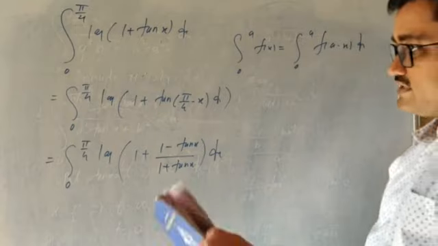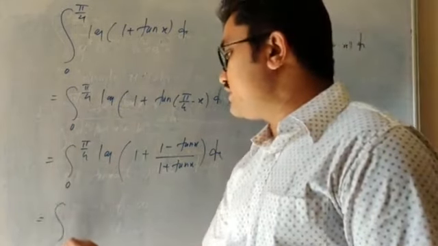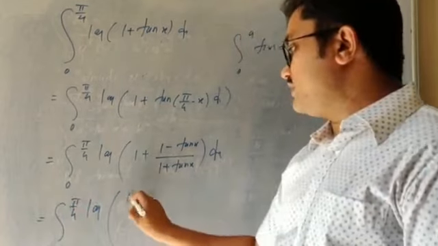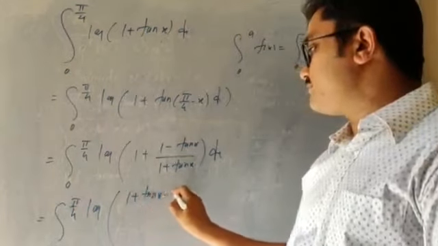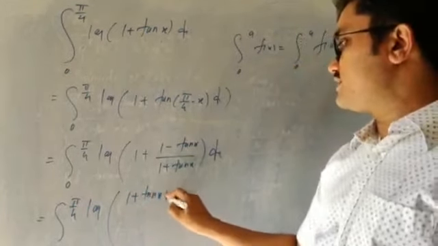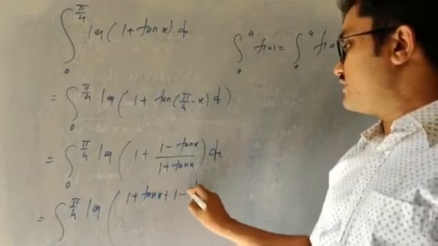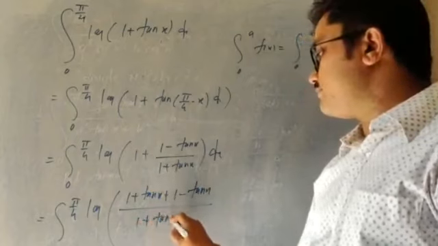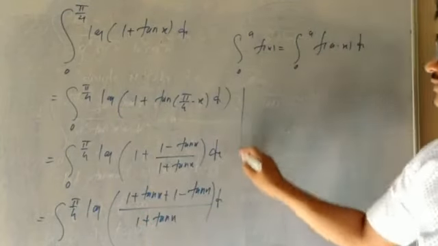So simplify it first, take the LCM. This can be written as the integral from 0 to pi by 4 of log of, if you take the LCM, 1 plus tan x plus 1 minus tan x upon 1 plus tan x. Correct?